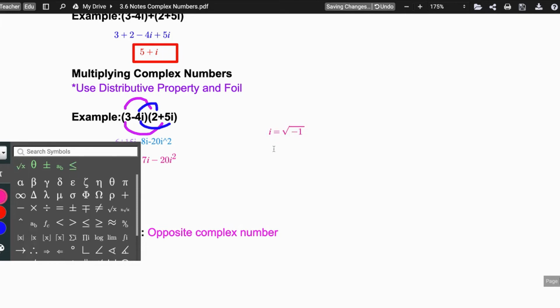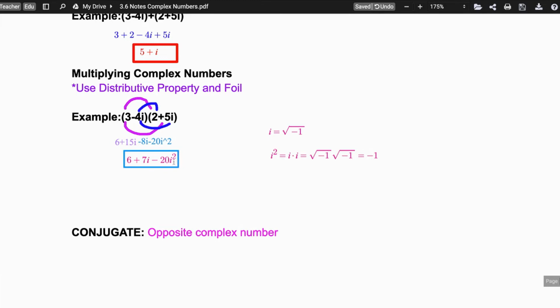Then i squared is equal to... well, actually, what's equal to is i times i, which is equal to the square root of -1 times the square root of -1, which is just equal to -1. The square undoes itself. So that is just one really long explanation to let you know that i squared is equal to -1. They are the same thing.